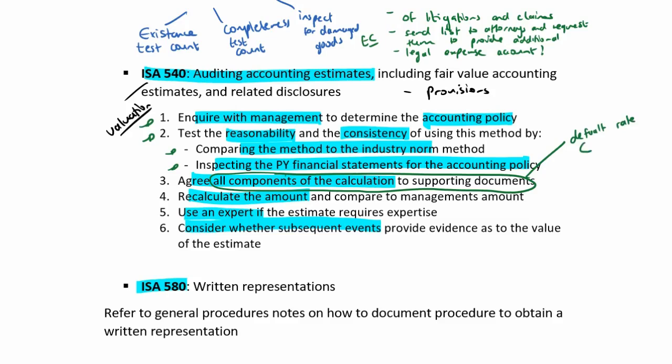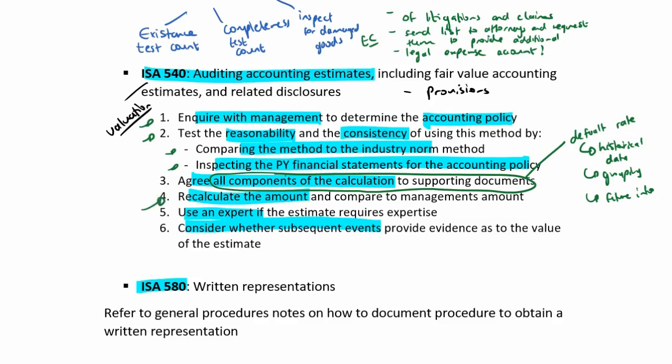Go and test the historical data. Go and test the grouping. Go and test the future info that they use to adjust it. Okay, because that's the components of the calculation for the allowance.